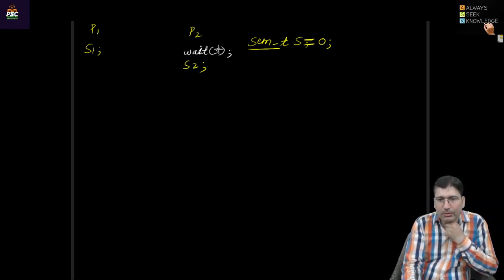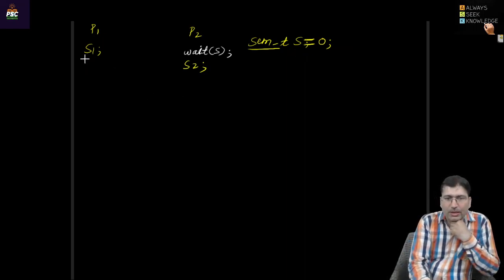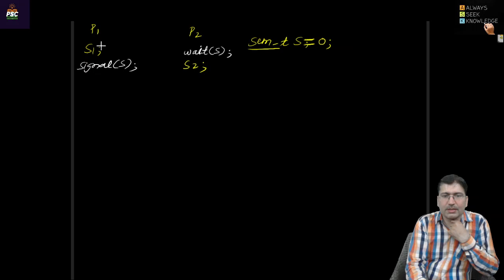So in order to come out of this waiting situation, a signal operation has to be performed on the semaphore S. So after S1 I am writing the signal operation. If this process tries to execute first, it will be stuck here because S has the initial value 0.